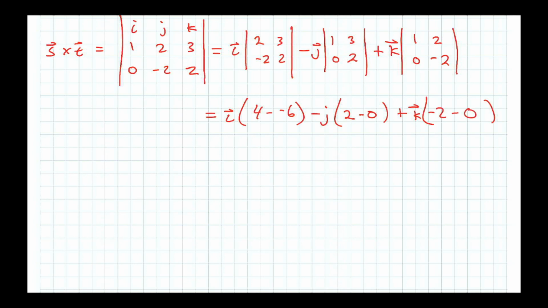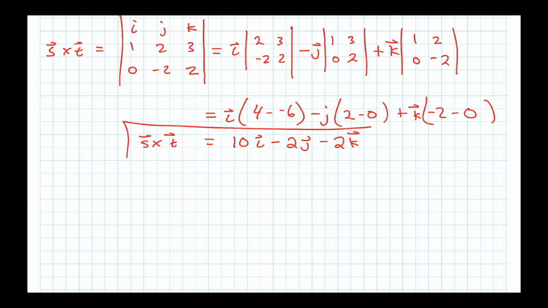All right, so what do we get? We get 10i minus 2j minus 2k. That's my answer, right? That's S cross T. That's my answer.